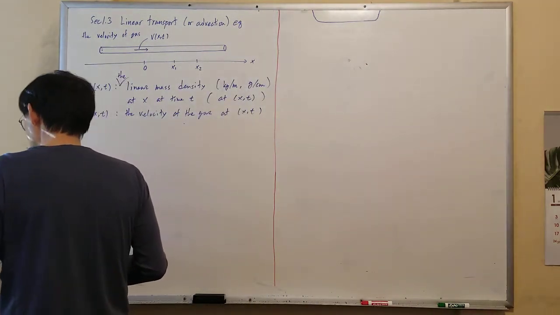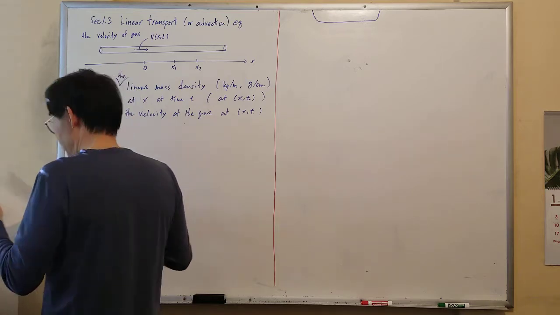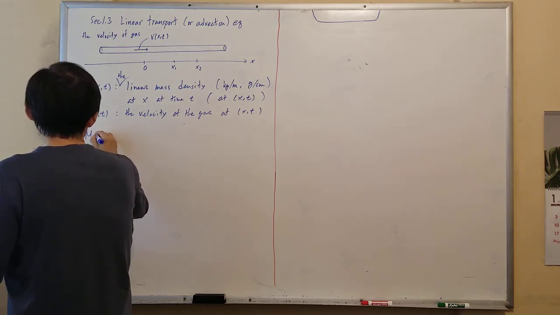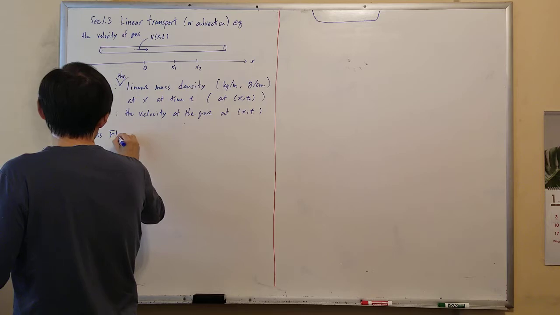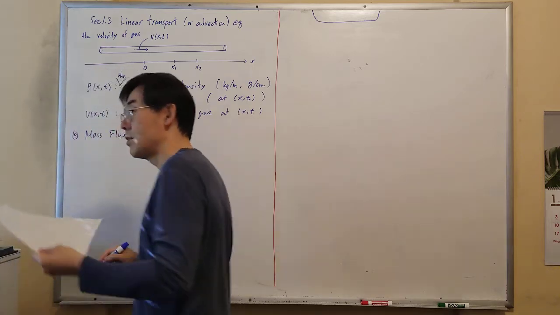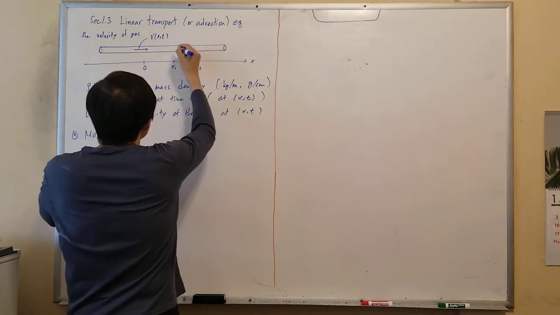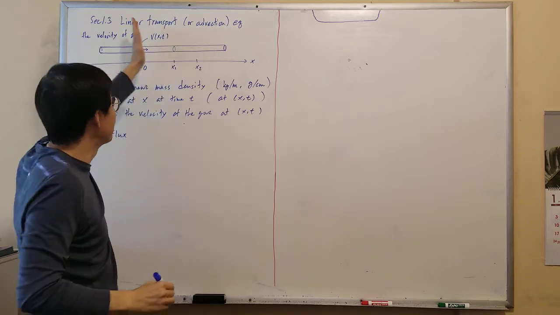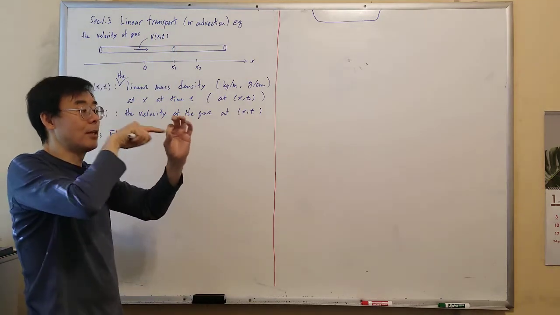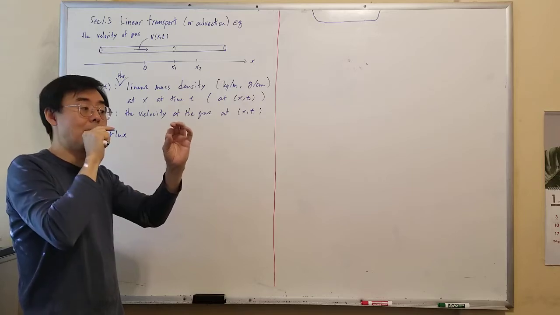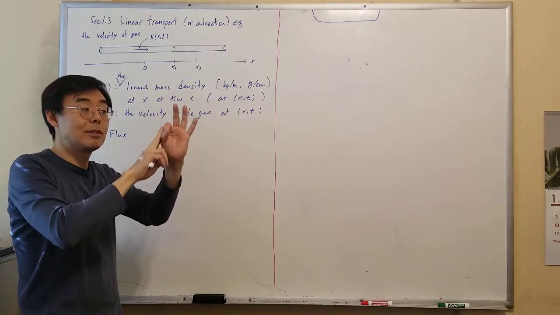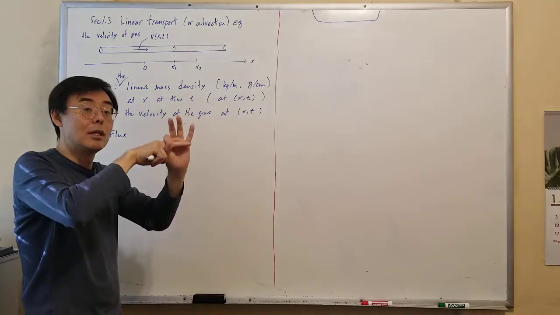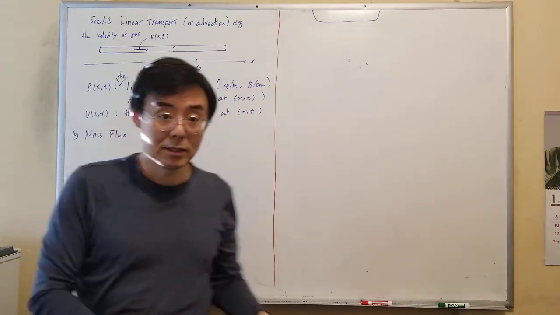Now, we're going to derive mass flux. What is mass flux? If you think about some imaginary membrane here, a membrane at a certain point, then if gas is going like this, you can measure how much mass is going through that imaginary membrane, a certain cross-sectional region, per unit time. That would be mass flux.